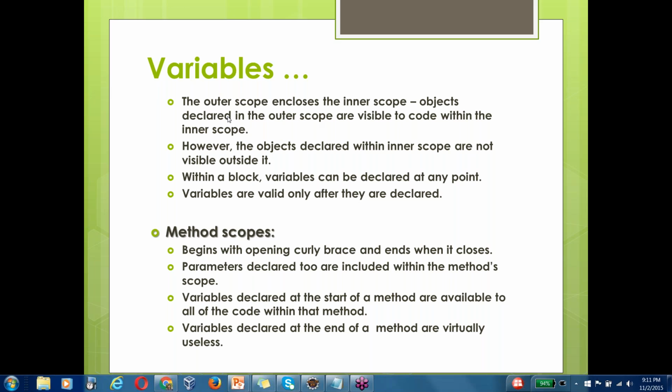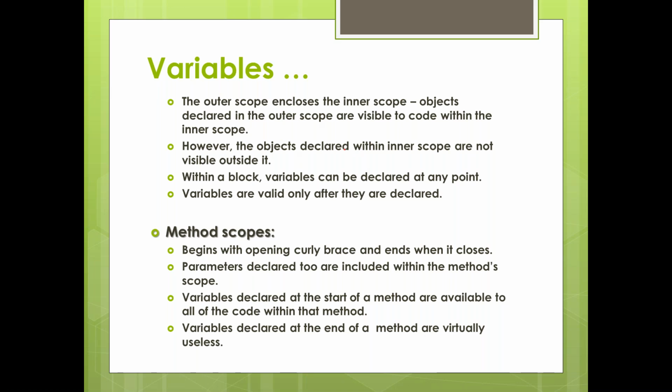Objects declared within the outer scope are visible inside the inner scope. But the objects declared within the inner scope are not visible outside of it. That is the general rule which we discussed.